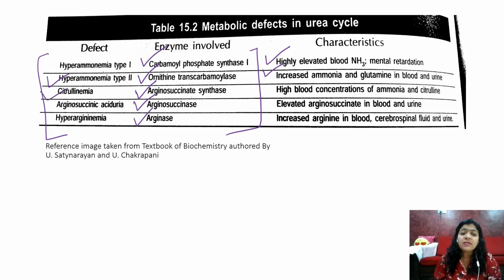Third is citrullinemia, where high blood concentrations of ammonia and citrulline are found. Fourth is arginosuccinic aciduria, where elevated arginosuccinate in blood and urine is found. And last defect is hyperargininemia, where increased arginine in blood and cerebrospinal fluid and urine is found.